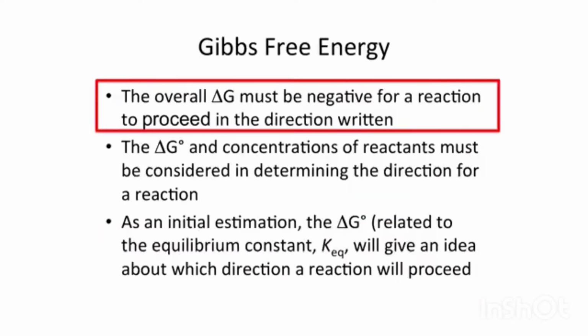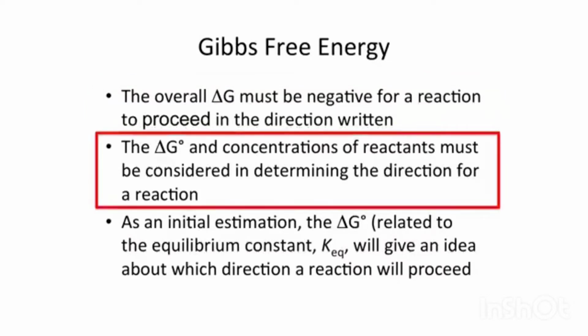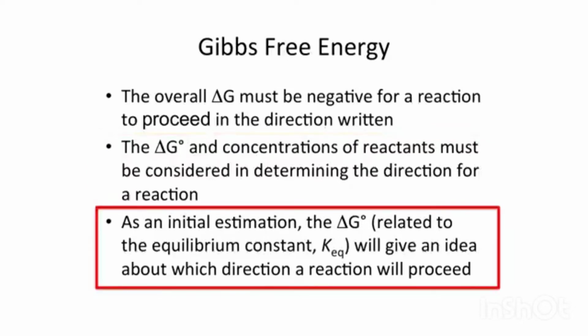In general, the overall delta G has to be negative to proceed in the direction a reaction is written. The delta G naught and the concentrations of the reactants have to be considered to determine whether a reaction will go in the direction that it's written. But again, as an initial estimation, the delta G naught, which is related to the equilibrium constant, will give a sense about which direction a reaction is going to proceed, and that's often used.